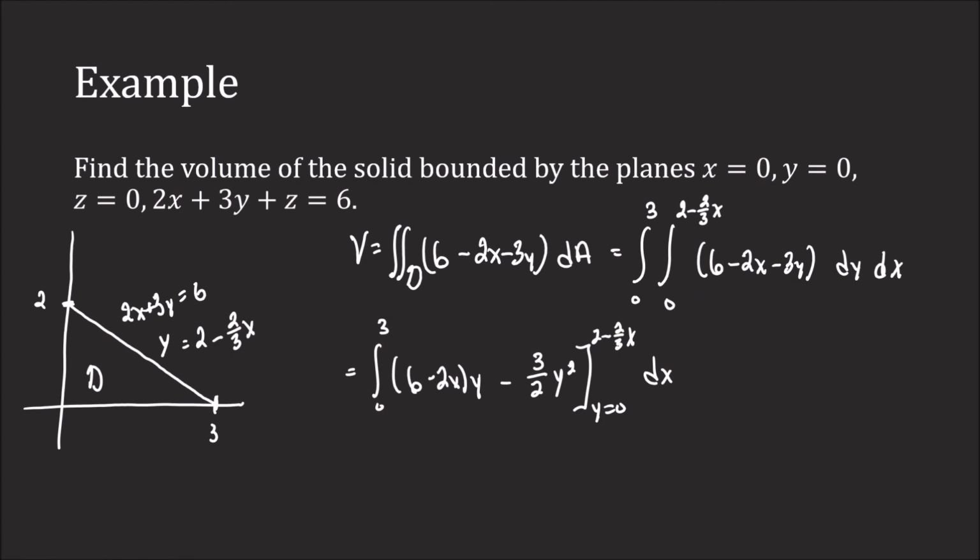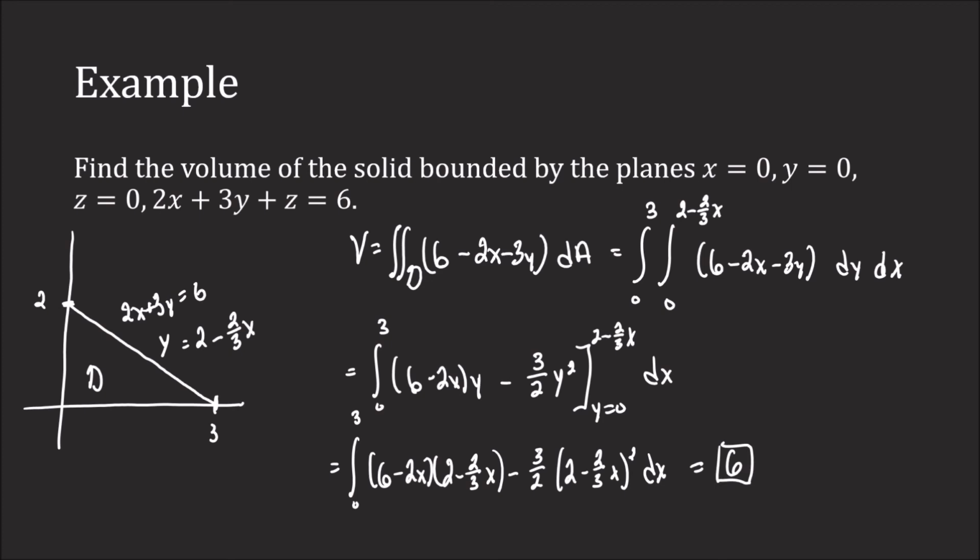So if we plug values in, we'll get the integral from 0 to 3 of 6 minus 2x times 2 minus 2/3 x minus 3/2 times 2 minus 2/3 x squared. And that will evaluate out to 6.